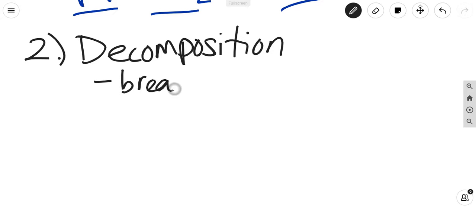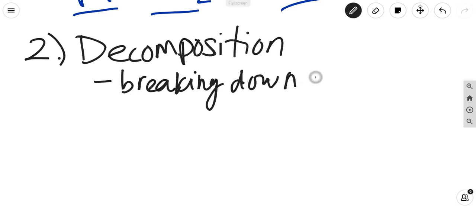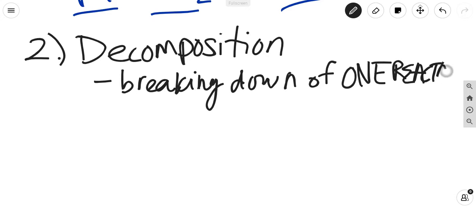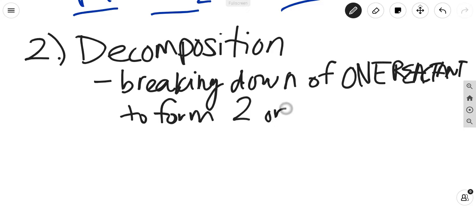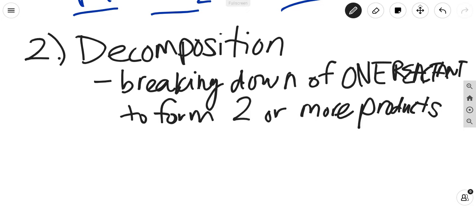This is the breaking down of one reactant to form 2 or more products. Okay, so it's the breaking down of one single reactant that's going to form 2 or more products.